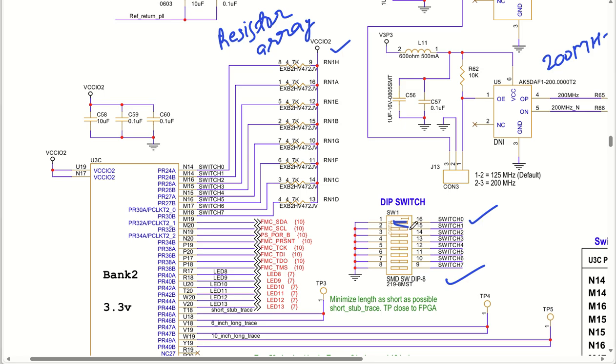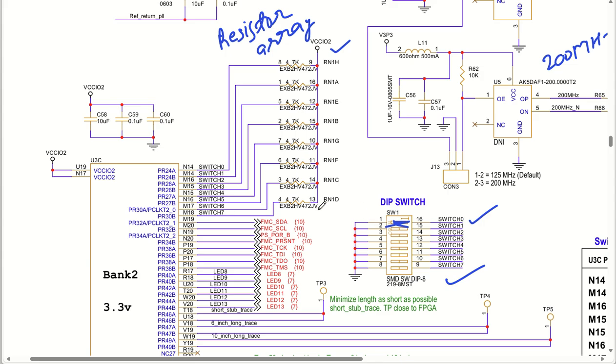Now how it will work is, when this is open here, then this is pulled up. It means the input will see high. And whenever you push it this side, it will get connected, and this particular switch will be pulled low.